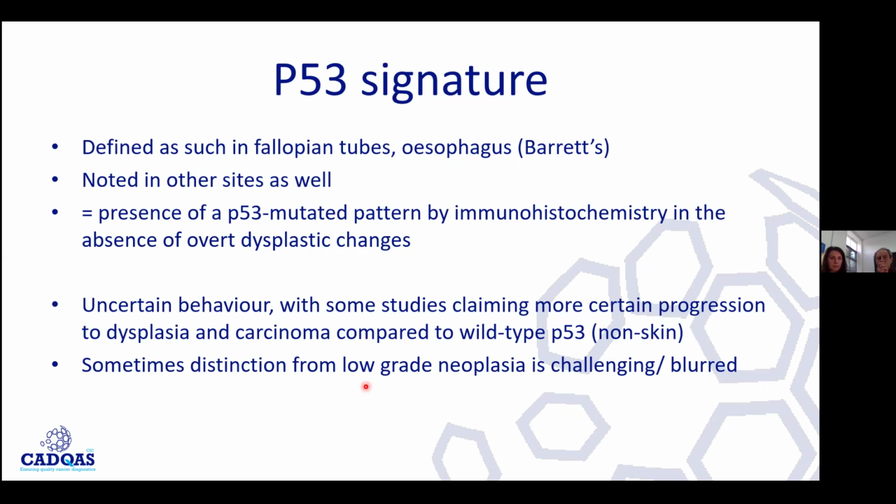So we looked at these little clusters of cells, and at the time you would not have seen these cells if they were not staining. The P53 signature usually is overstaining of P53. It's a cluster of cells on a background of the rest of the fallopian tube epithelium that doesn't really show very much. You find these clusters of 5, 10, or 20 cells. They stain really, really strongly.